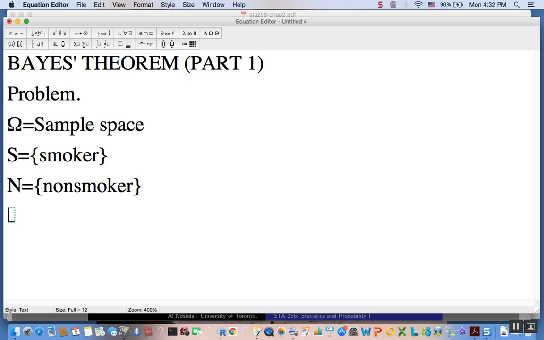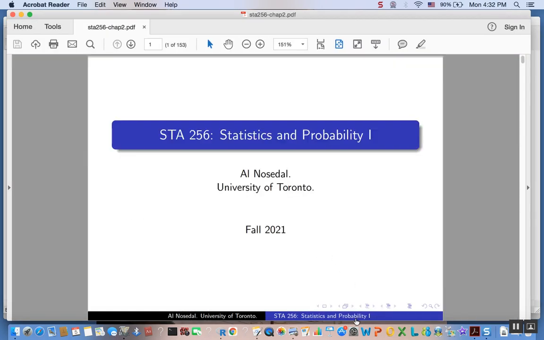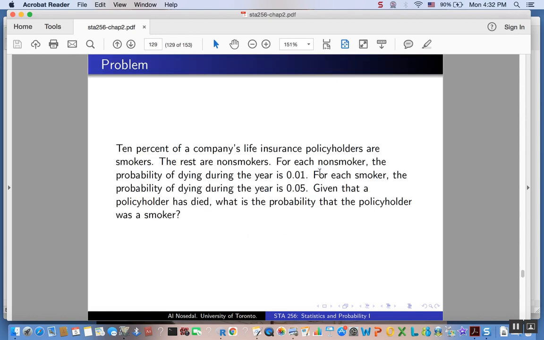Okay, let's keep our translation. Let's go back to the information that we had. We need those probabilities. We need the probability of dying. We need the probability of a smoker. We need the probability of a non-smoker, and so on.